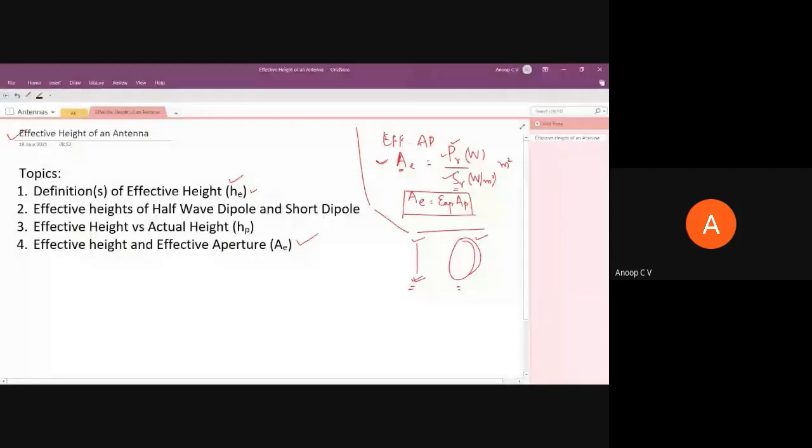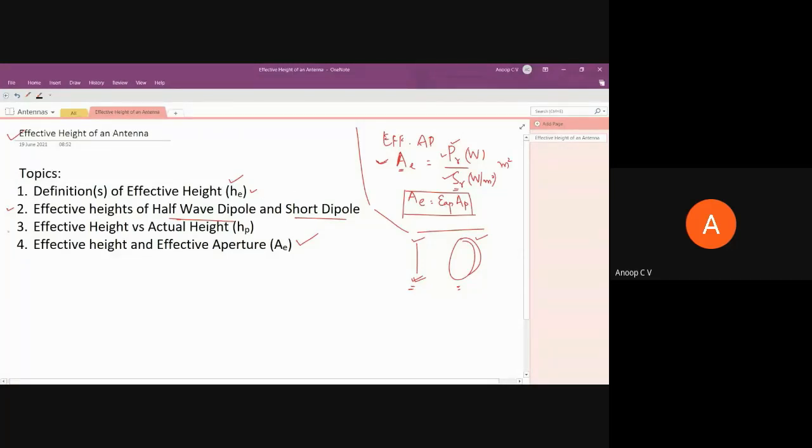Then, as an example, we'll see the effective height of a half wave dipole and a short dipole. Even though we have not studied the short dipole or half wave dipole in this module, for you to appreciate this concept, I have to discuss this. This is an example, so it can be asked as a derivation or a problem in your exam, if the exam is going to be a bit tough. You can expect these questions.